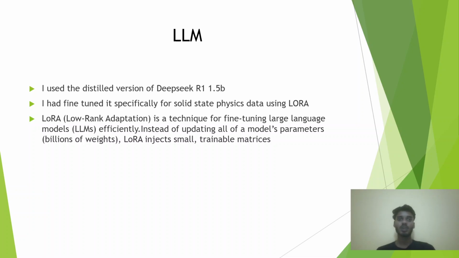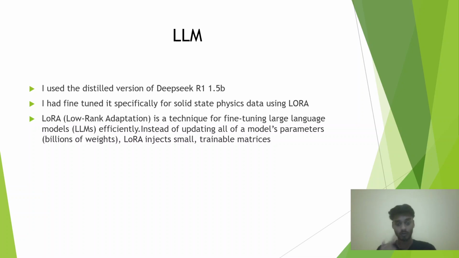Instead of tuning all the 1.5 billion parameters, I would tune specific parameters that are very relevant for my solid state physics data. In this way, my tuning process is much faster, and I'm also getting more relevant answers.